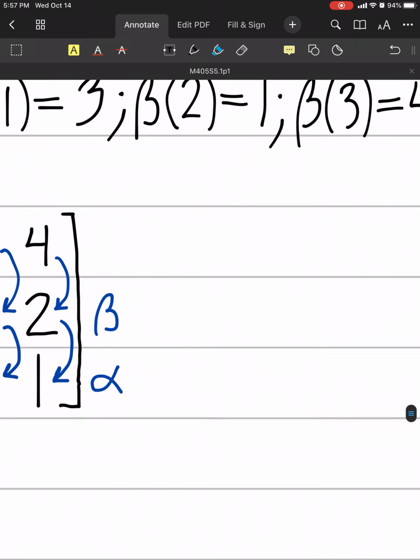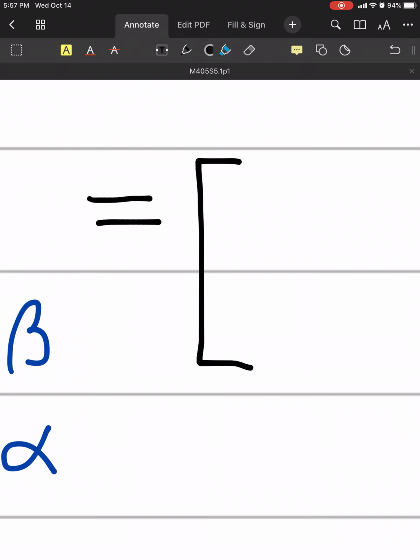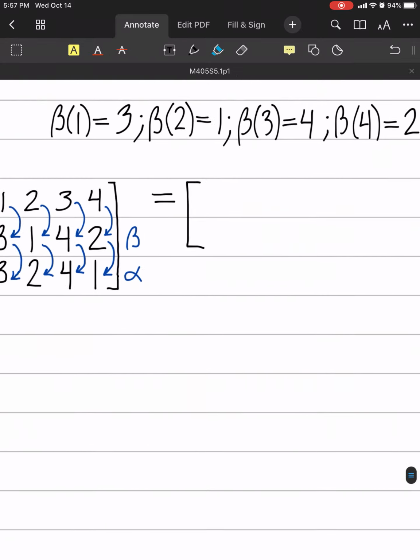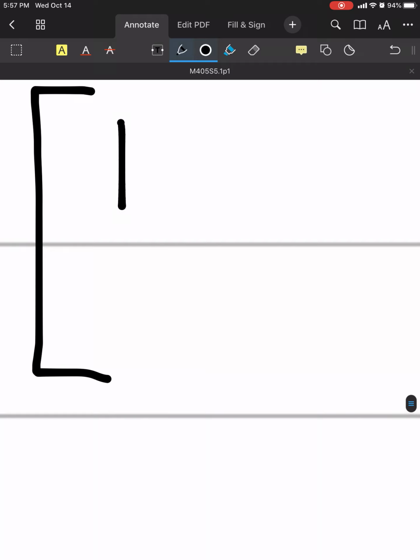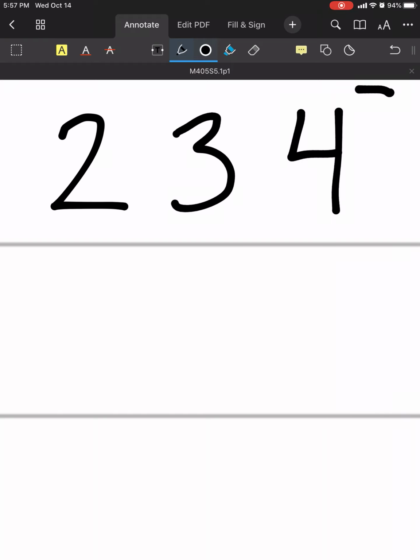Now, like I said, this is not how we write our output. We write this just like a permutation, just like any of the others. So we write it in 2 rows. So 1, 2, 3, 4. But we can skip that middle row and just look at the bottom.